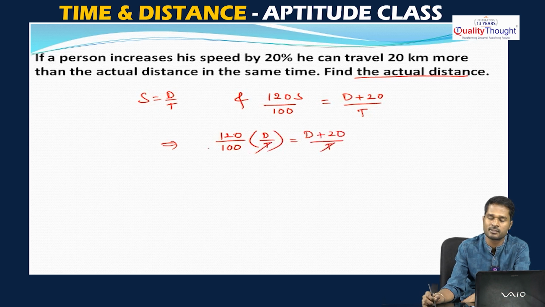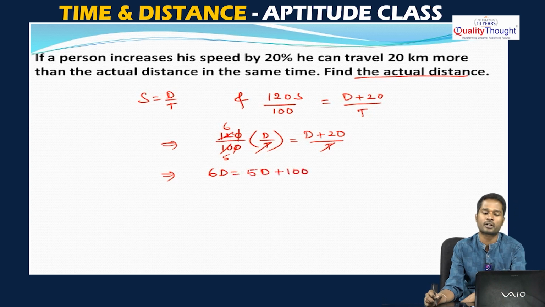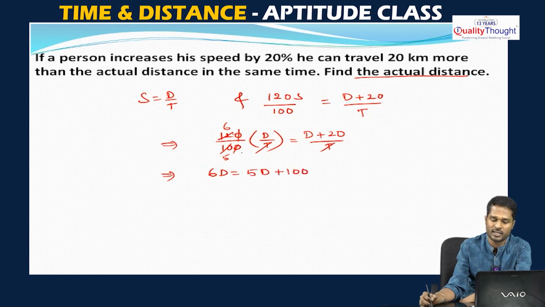T and t will cancel. 0 and 0 will cancel. 2 5s are 10, 2 6s are 12. Now simplify: 6d by 5d plus 20 is 100. Going for cross multiplication, 6d equals 5 into d, 5d, plus 5 into 20, which is 100. That is 6d minus 5d is d, which equals 100 kilometers.